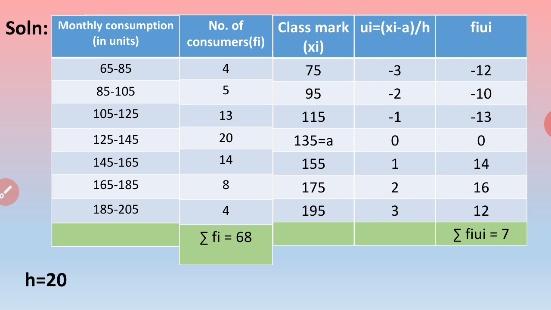Once that is done, you will find out the class mark followed by A, that is the assumed mean. Here assumed mean is taken as 135. After that you will find out UI and finally FIUI. Once you get FIUI, you will add them to get sigma, that is sum of all FIUI.